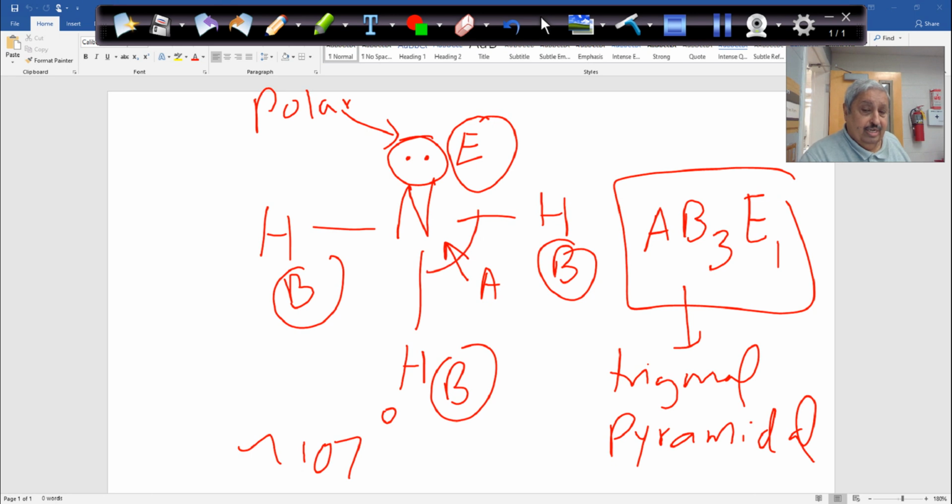So between this angle here, between this and between those here is 107 degrees. Are you following me here? So I think we covered all those here, and we covered that structure. The last one.